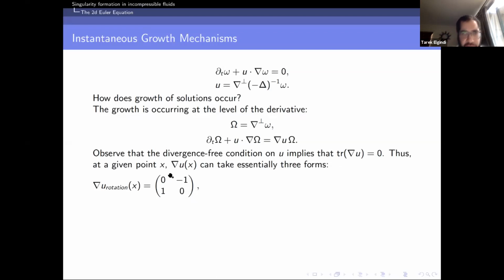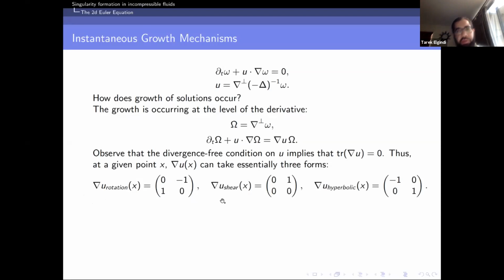So at any point, the gradient of u can essentially take 3 forms. The first case is a pure rotation, which means the eigenvalues are pure imaginary. Or it can be a shear, which means a double 0 eigenvalue. Or you can have a hyperbolic structure, where you have a positive eigenvalue and a negative eigenvalue, and the sum has to be 0.